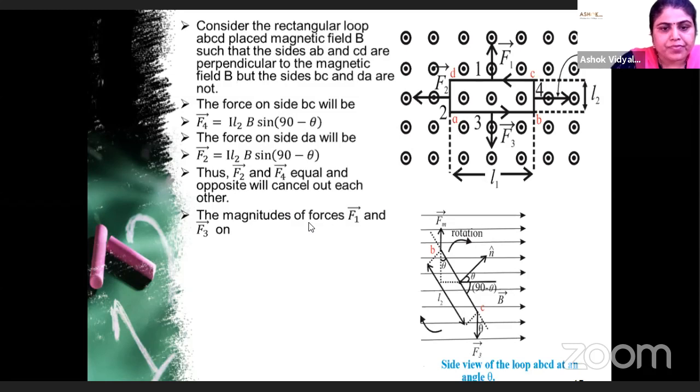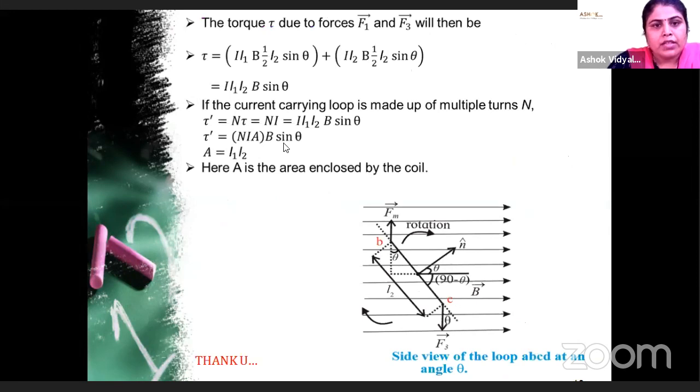The remaining forces are F1 bar and F3 bar on this rectangular coil, and then we find the torque tau due to these forces. F2 and F4 get cancelled because they have equal magnitude but opposite direction.